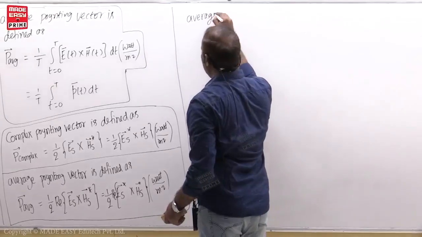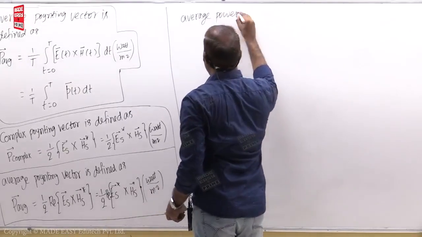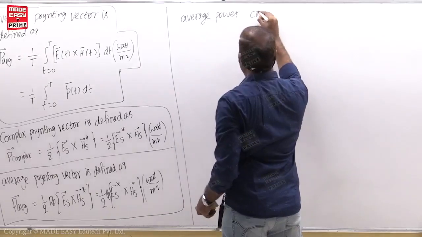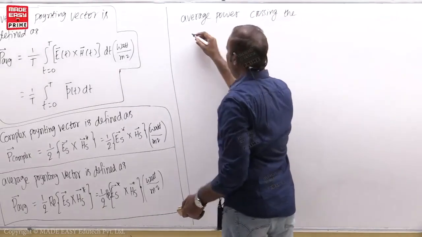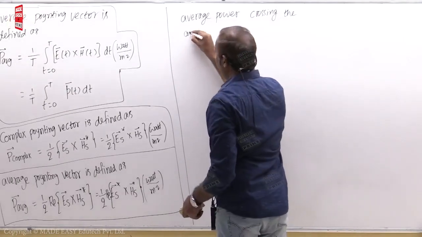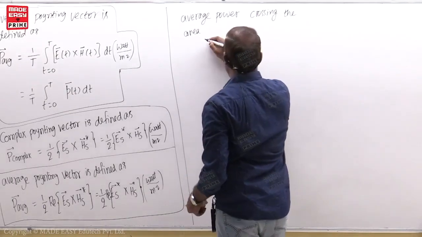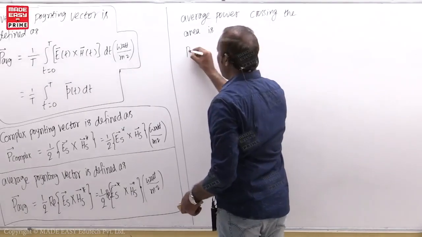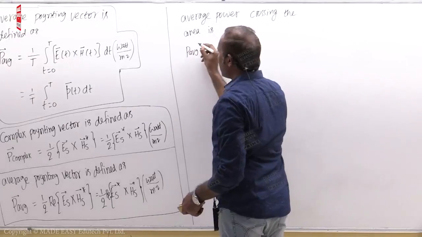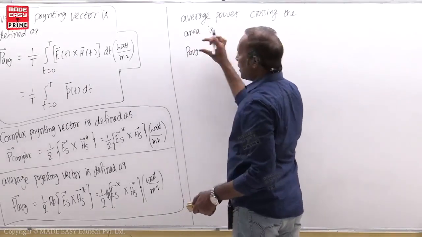Average power crossing the area is P_avg. Bar is not there, which means that is power.